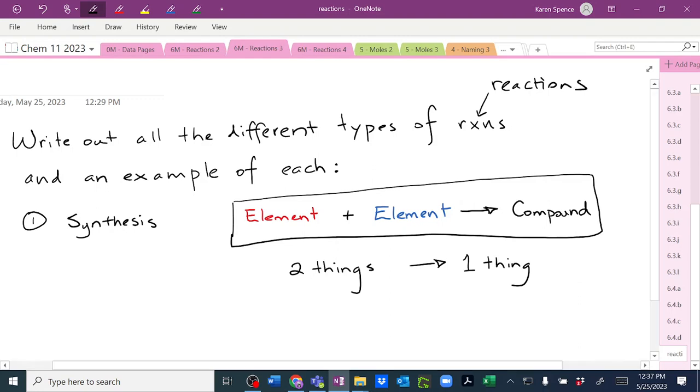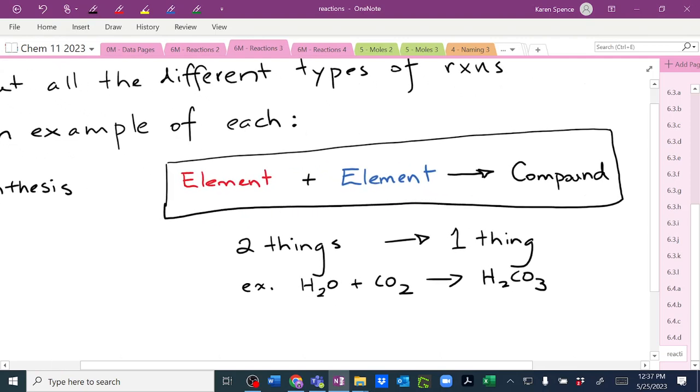That might be something like, for example, H2O plus CO2 gives H2CO3. I would not expect you to be able to predict those products, but looking at that reaction, you have two things becoming one thing.